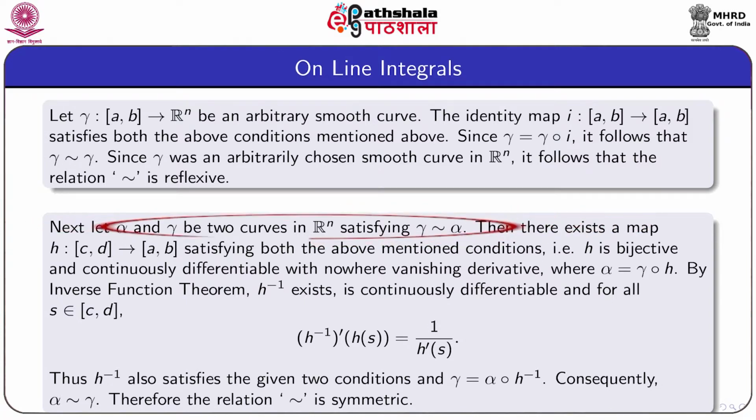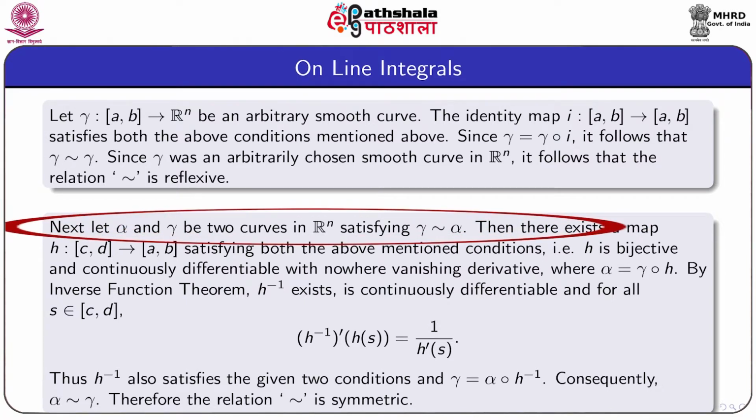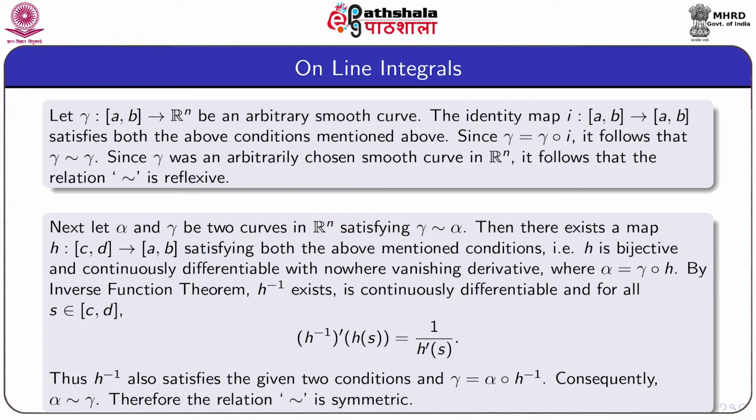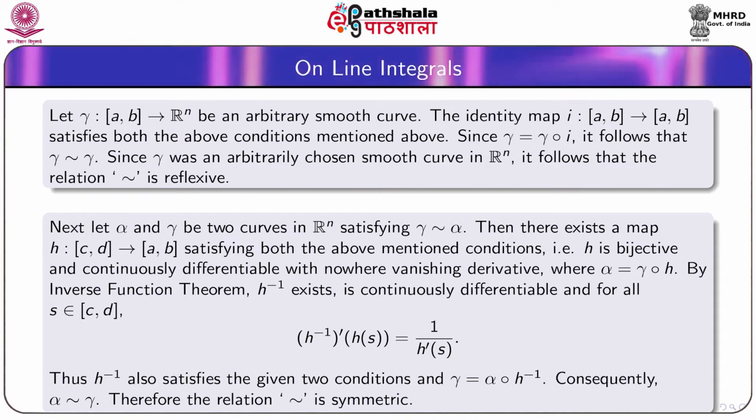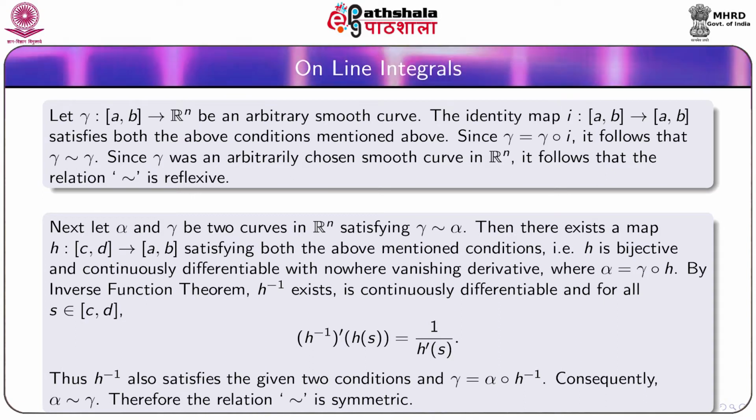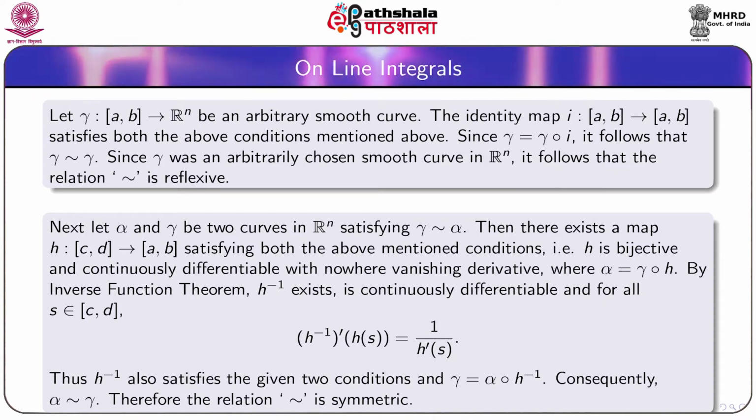Next, let alpha and gamma be two curves in Rn where gamma has this relation with alpha. Then there exists a map h from [c,d] to [a,b] such that h is bijective and continuously differentiable with nowhere vanishing derivative, where alpha equals gamma compose h.